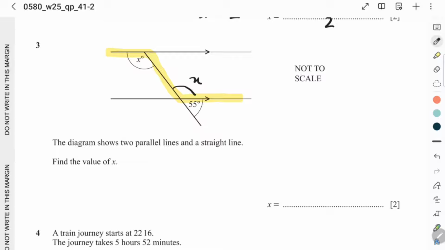So x plus 55 equals 180 degrees. As the lines are parallel, x equals 180 minus 55, which equals 125 degrees.